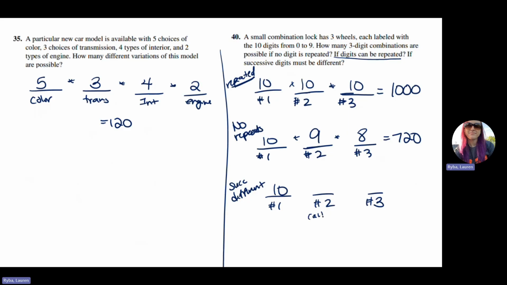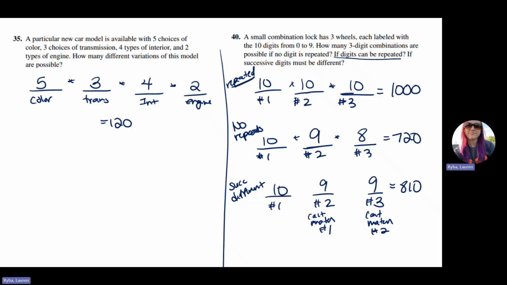Number 2 can't match number 1, so I'm down to 9 choices. Number 3 can't match number 2. It's got to be a different number than number 2. I only put 1 number in there, so that still leaves 9 other potential options. So if I put a 1 here, I can use 0, 2, 3, 4, 5, 6, 7, 8, 9, right? And that one is 810.